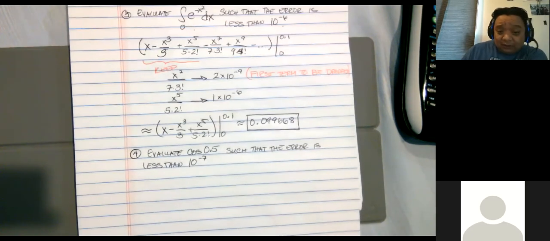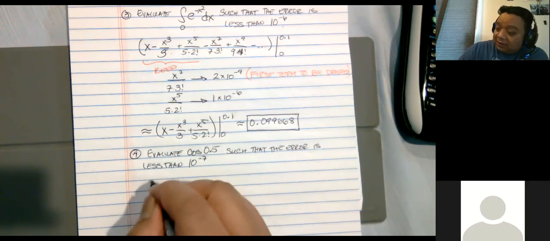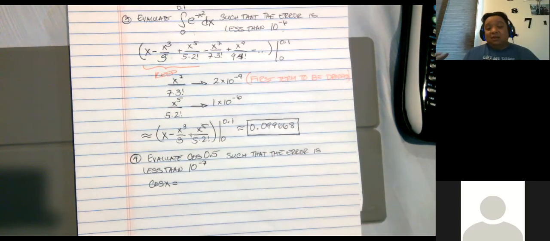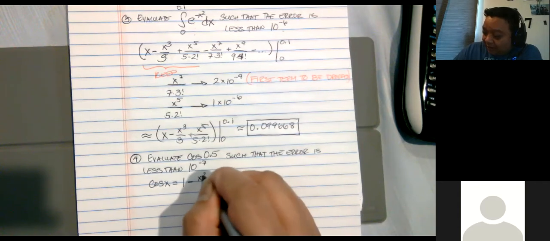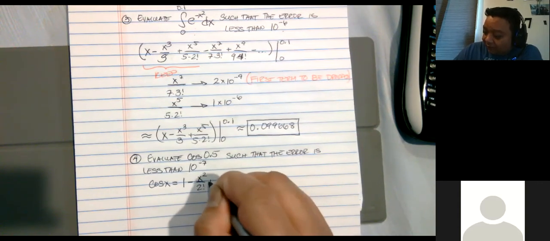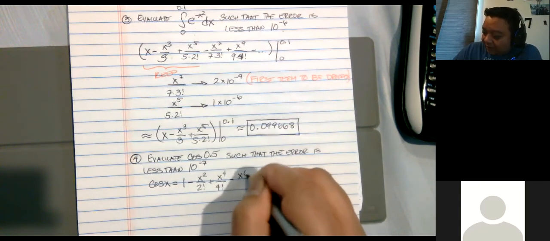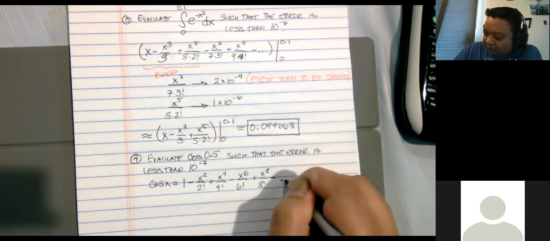So the first thing you want to do is write out the power series for the function you are using, in this case the power series for cosine. You do have to write the terms because you are going to figure out where to cut things off. So cosine x is 1 minus x squared over 2 factorial plus x to the fourth over 4 factorial minus x to the 6 over 6 factorial plus x to the 8 over 8 factorial, and then it just continues on.